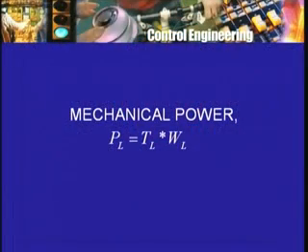The load power PL is given by TL into omega L. Check that this formula is correct by looking at the units and the dimensions of the quantities that are involved.